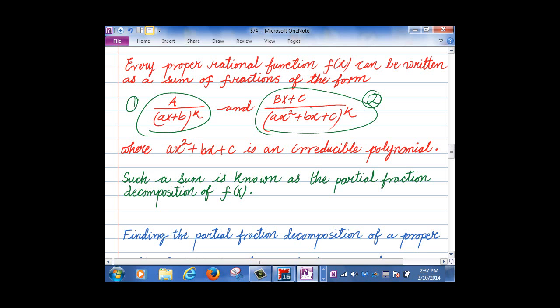Now, why is this good information? If we are able to do that, how is it good for integrals? How would you integrate something like this? For example, what if I have 2 divided by x plus 1 to the 3? Do I know how to integrate that?